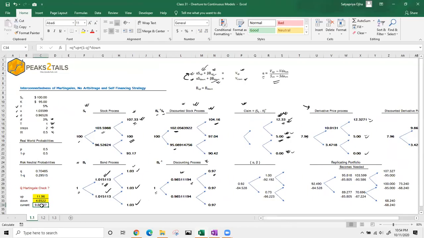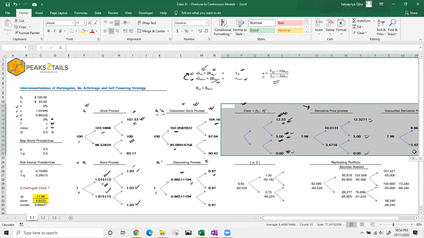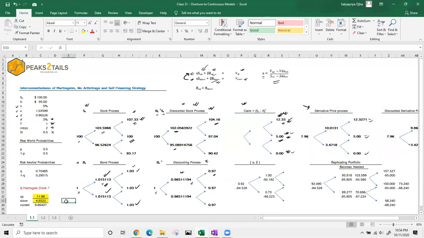You see, this is also the expectation. In this entire structure, I never used any expectation. From no arbitrage, I went to discounting. I did not use any expectation. Now, first time I'm checking whether the derivative price is actually a martingale or not under Q, and it is. It is a martingale.